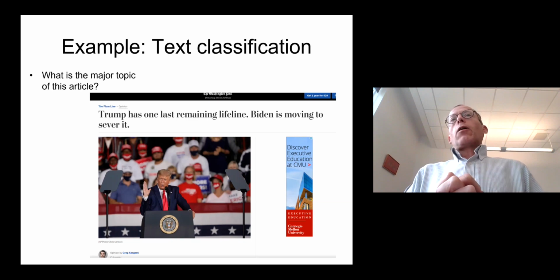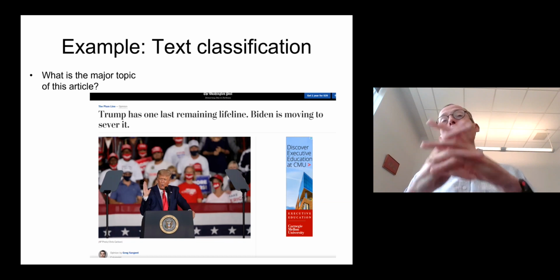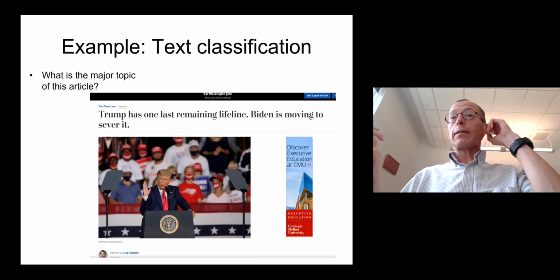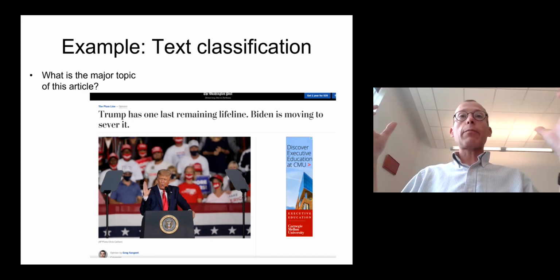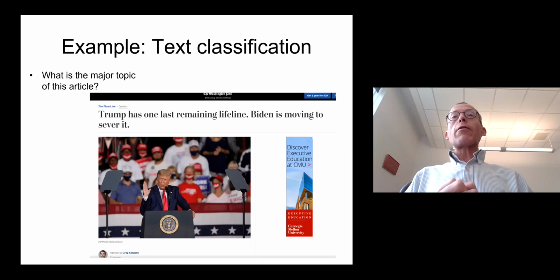So let's say you are trying to classify text documents into one of 2 or 3 or 4 classes, let's say sports, politics, entertainment, and so forth. So now you run into some article in the Washington Post that has this title and of course has a lot of text. And you want to find the topic of this article.